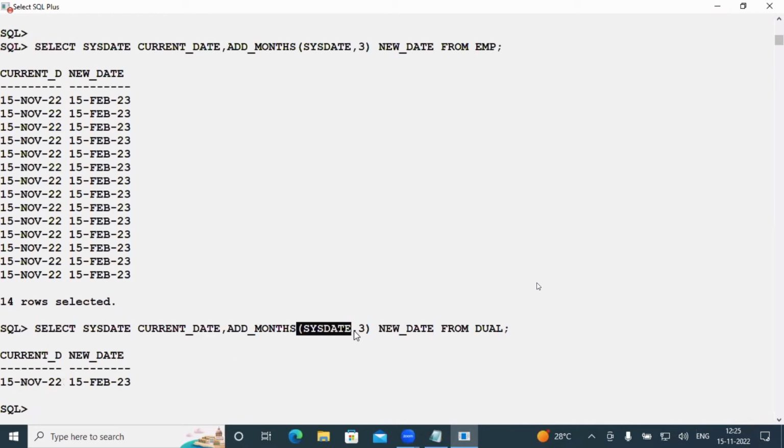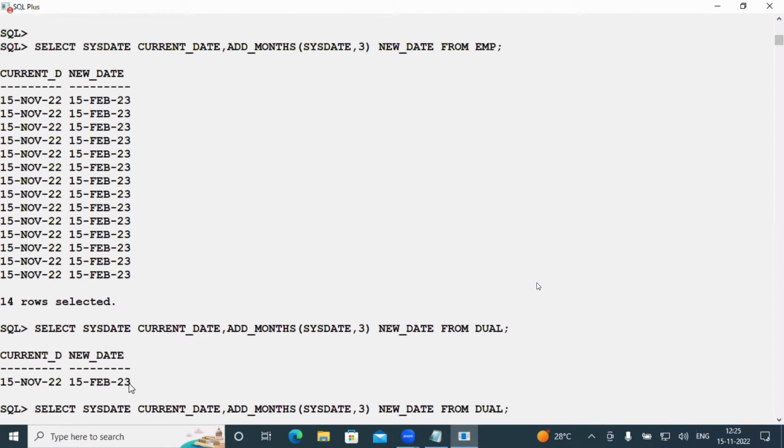After adding 3 months to 15th November, what is the next date? 15th February. So November, December, January, February. Three months added, so 15th February 2023 is returned.